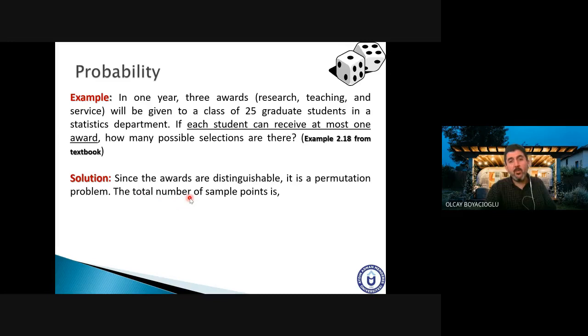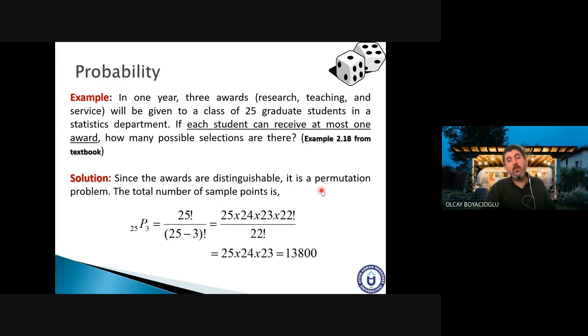The total number of sample points, this is how we solve the question, is permutation of 25 by 3, 3 at a time. Based on the formula, this is 25 factorial divided by 25 minus 3 factorial.